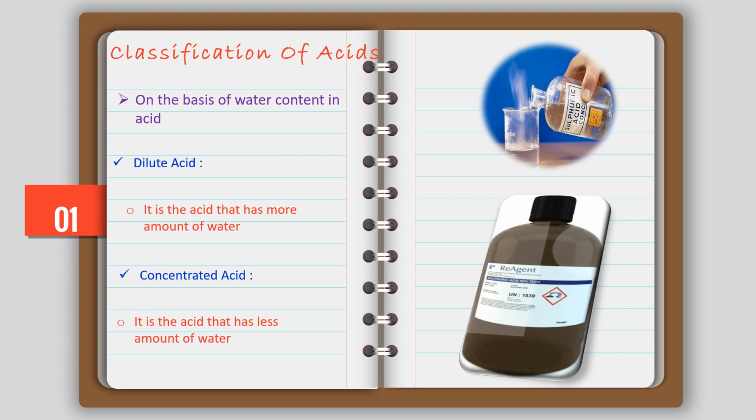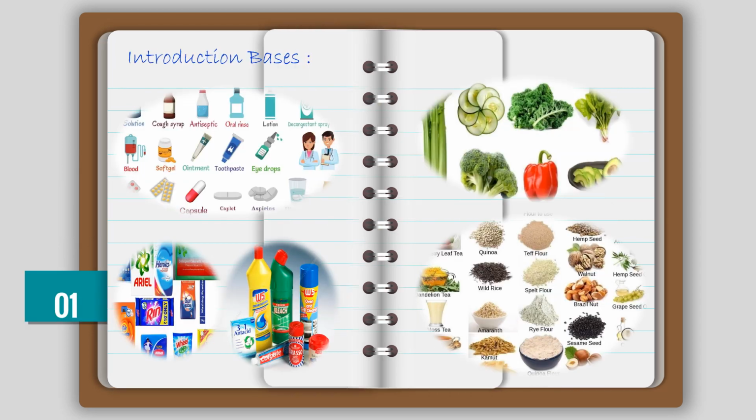A concentrated acid means acid content is more but water content is less. For example, 98% concentrated sulfuric acid has only 2% water. So such types of acids are called dilute and concentrated.